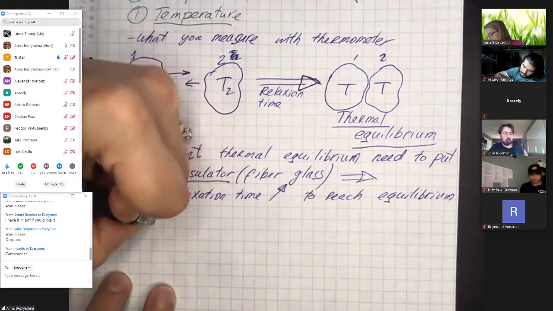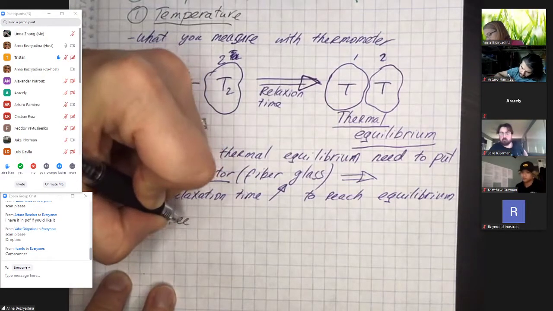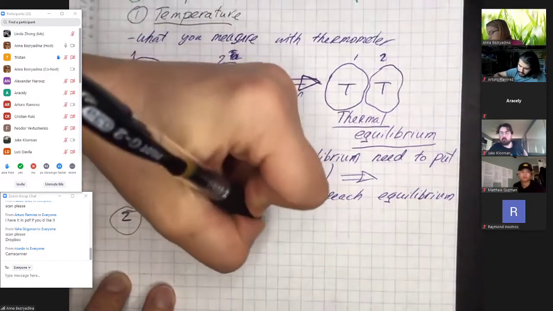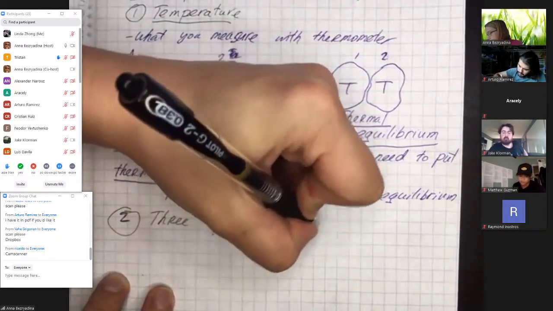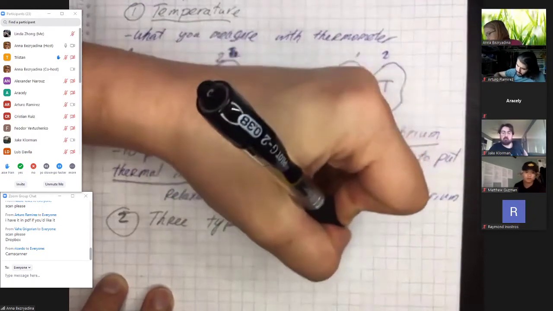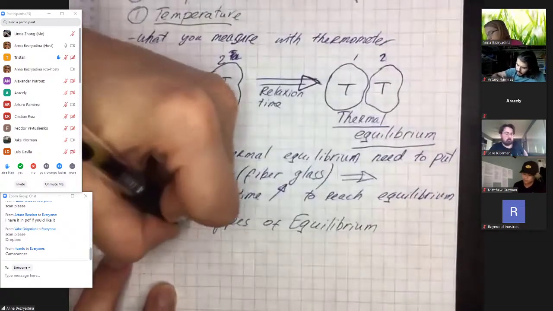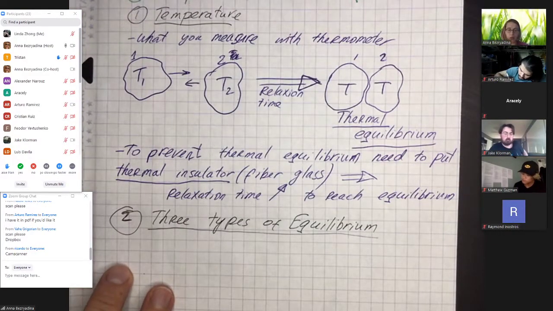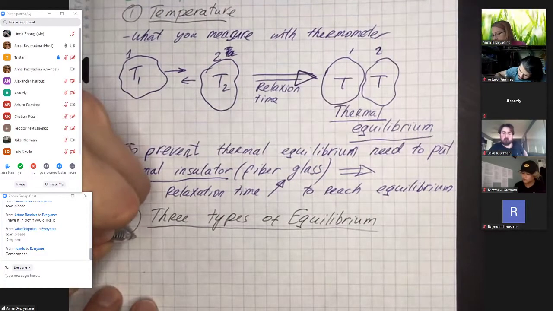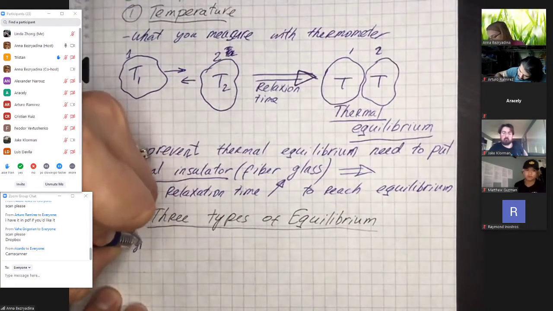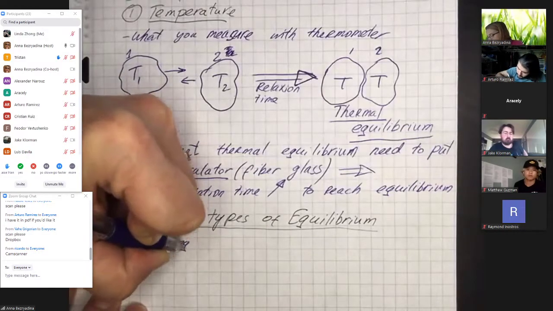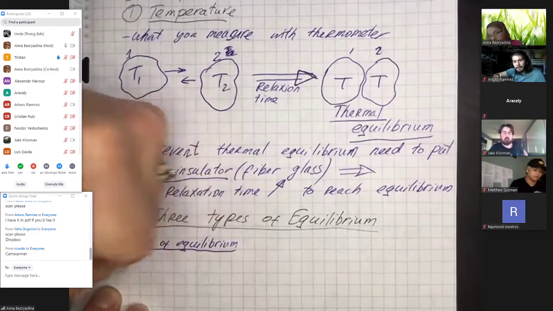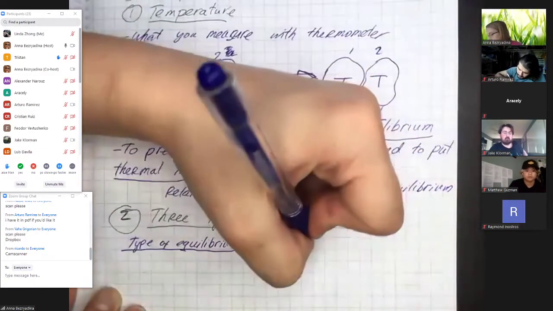Here we have types of equilibrium, and here we'll talk about exchange quantity.